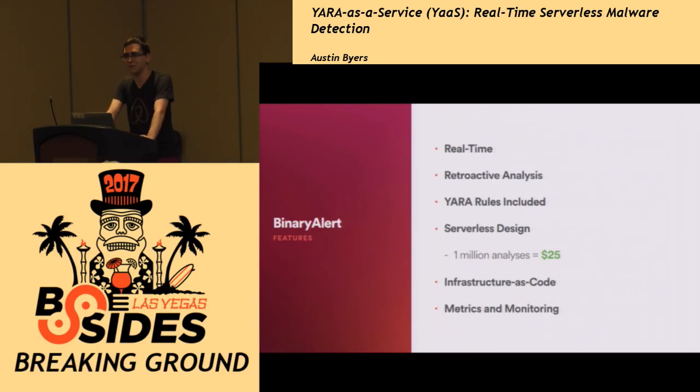And finally, metrics and monitoring. Just like any production service, you need to know when binary alert is healthy and when it isn't, so we include all of that for you. It automatically hooks into CloudWatch, which is Amazon's version of infrastructure monitoring. And if anything goes down, if any component's behaving abnormally and so on, those will also fire an alert.